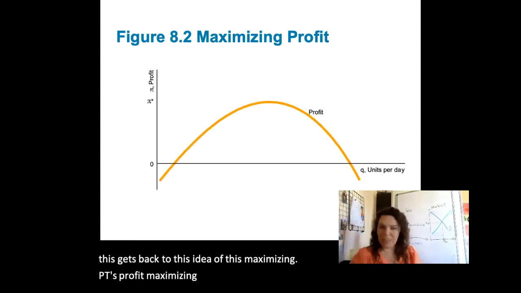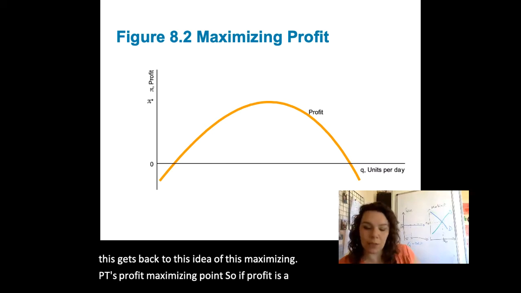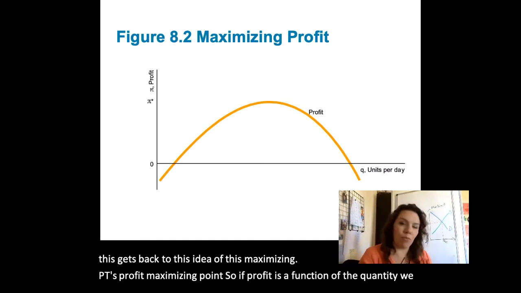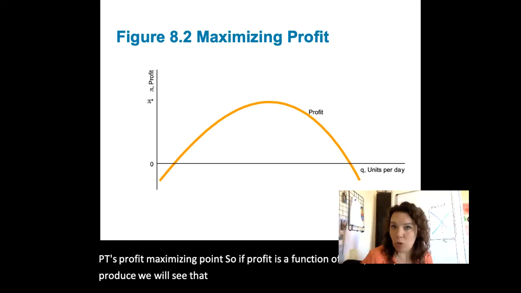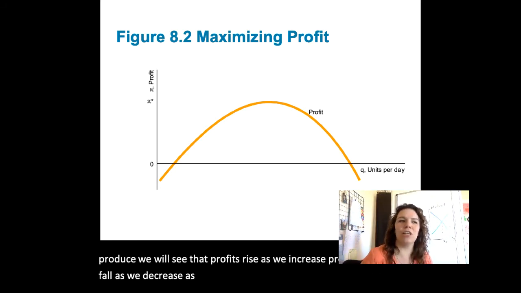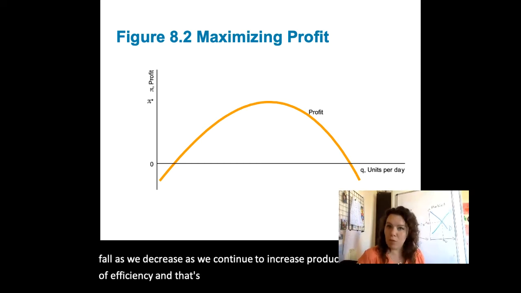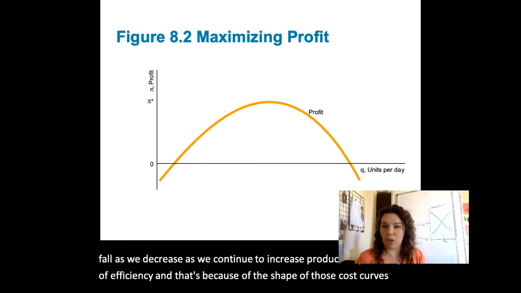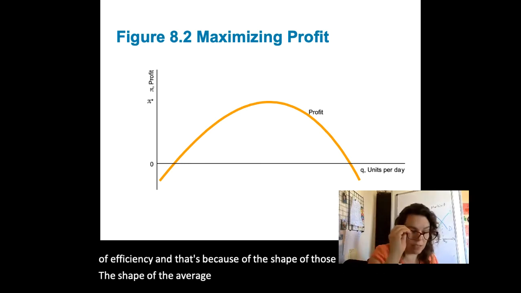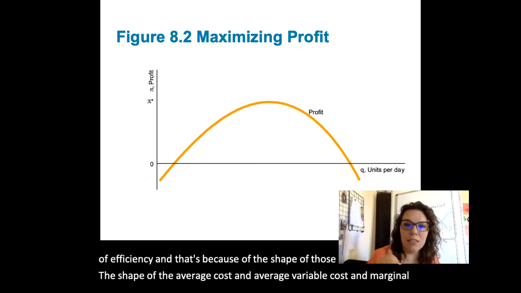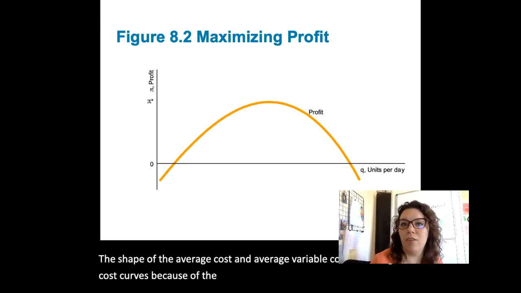So if profit is a function of the quantity we produce, we will see that profits rise as we increase production and then fall as we continue to increase production past the point of efficiency. And that's because of the shape of those cost curves, right? The shape of the average cost and average variable cost and marginal cost curves, because of the diminishing marginal productivity of our inputs.